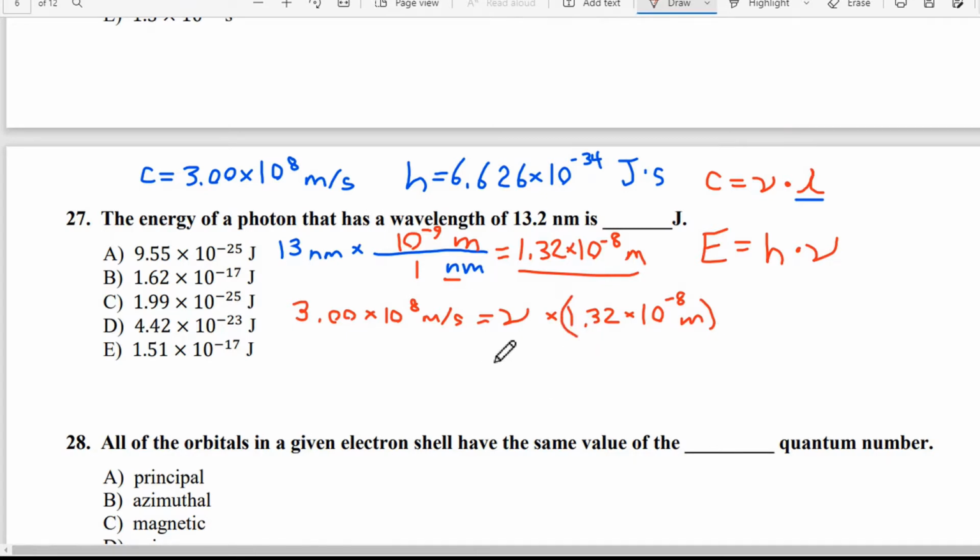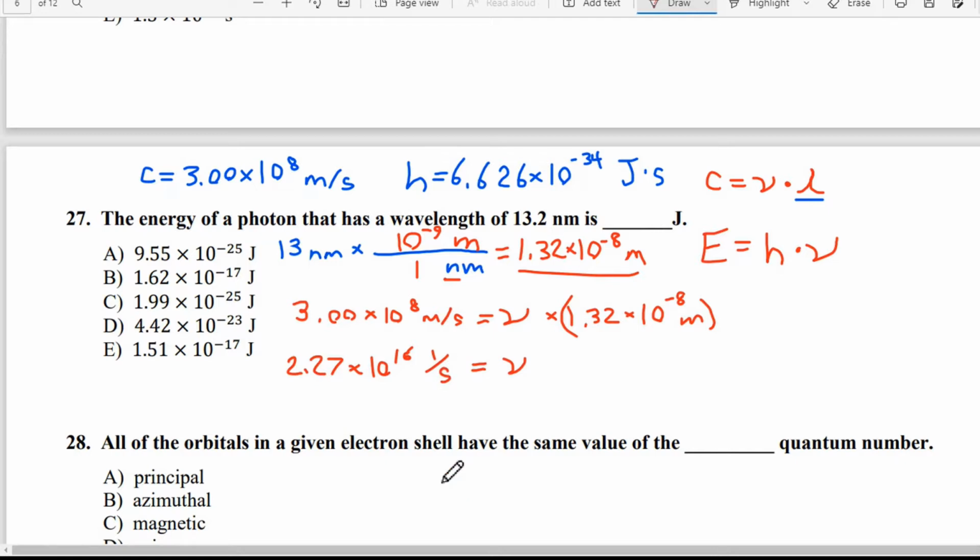All right, so divide both sides by 1.32 times 10 to the negative 8th, and you'll get the frequency, which in this case is 2.27 times 10 to the 16th. 10 to the 16th what?